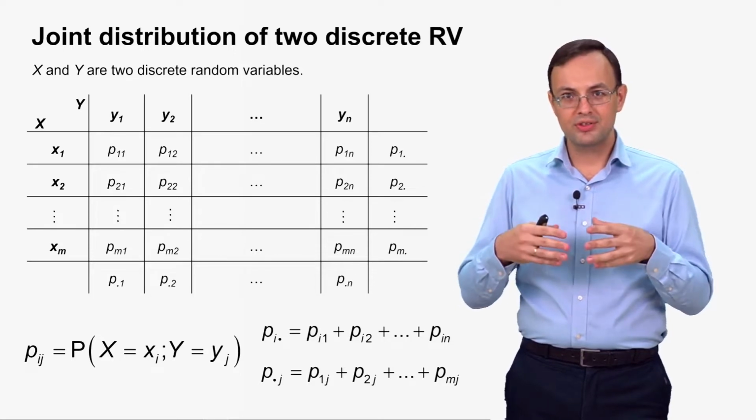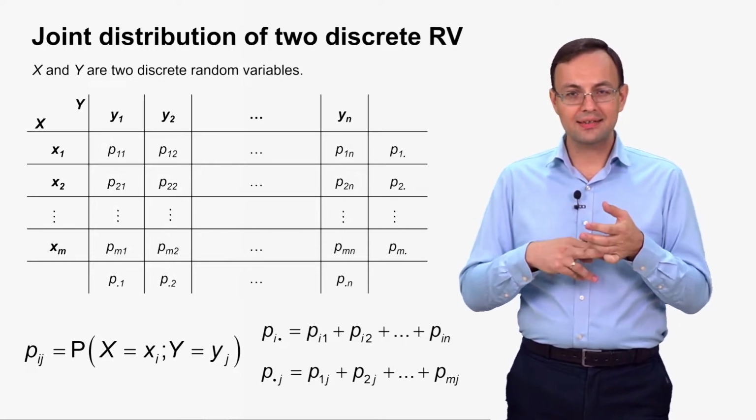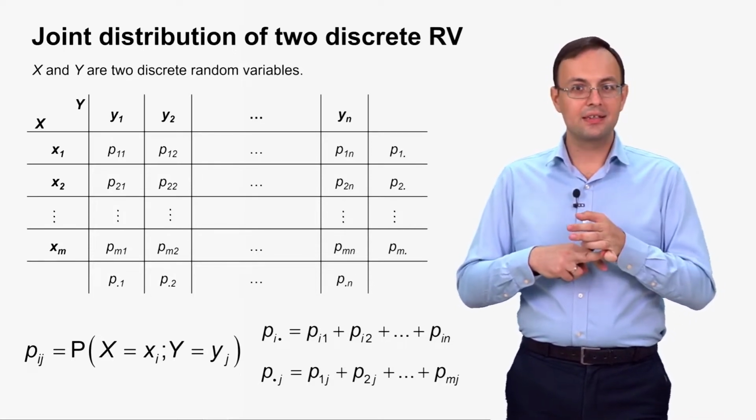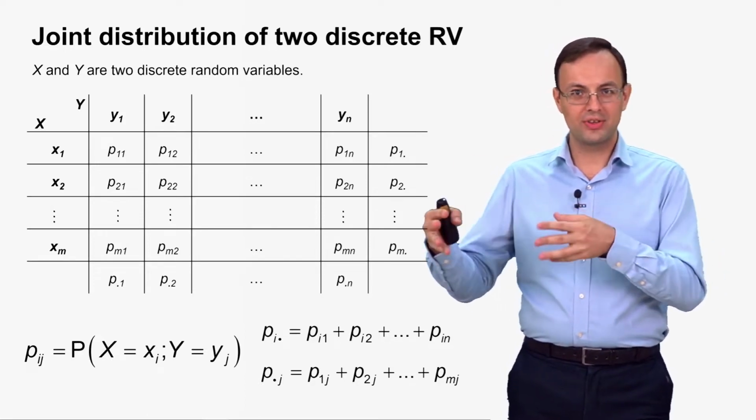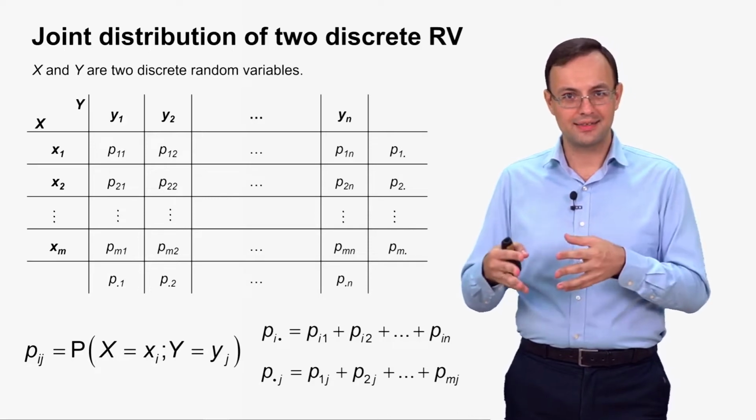In other words, this is the probability that x is x1 no matter what value y takes.